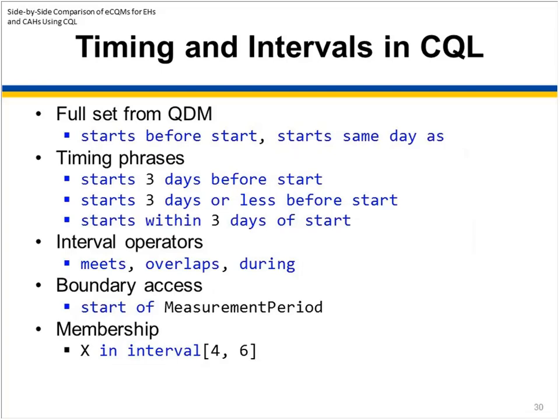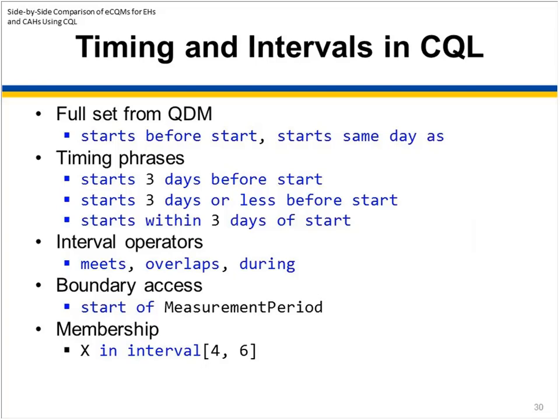Other timing and interval types of operations, the full set from QDM. So you can see starts before start, starts same day. You'll see those same type of operations. But we also have timing phrases. So you can say starts 3 days before start, or starts within 3 days of start.